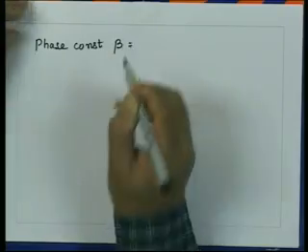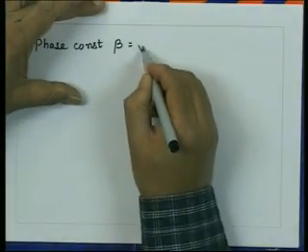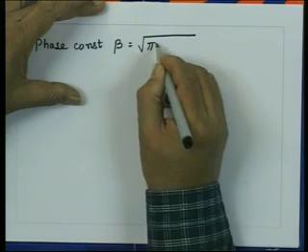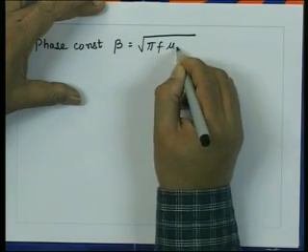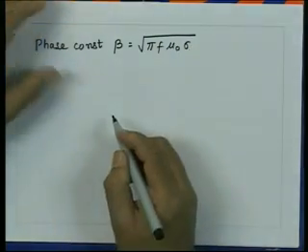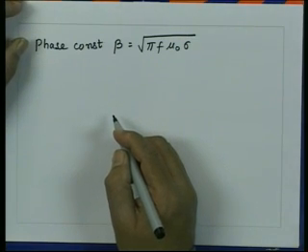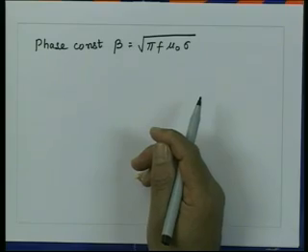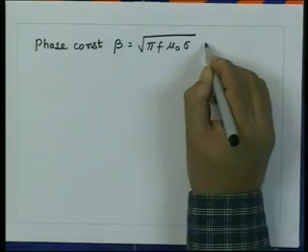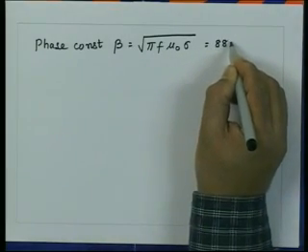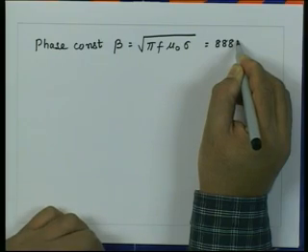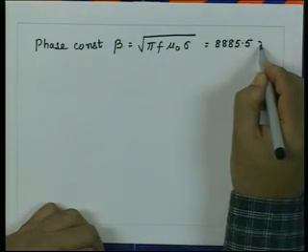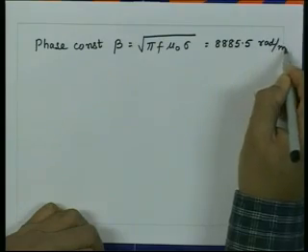Beta, which is square root of pi f mu 0 into sigma, and that if we calculate, we essentially get equal to 8885.5 radians per meter.